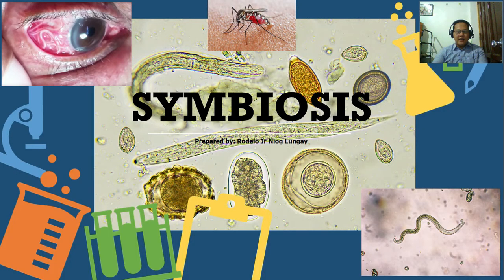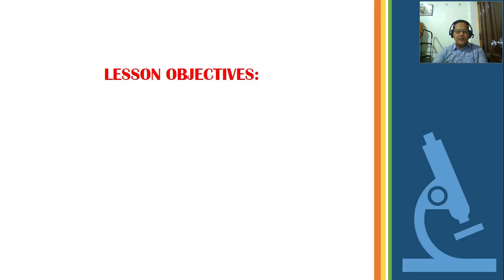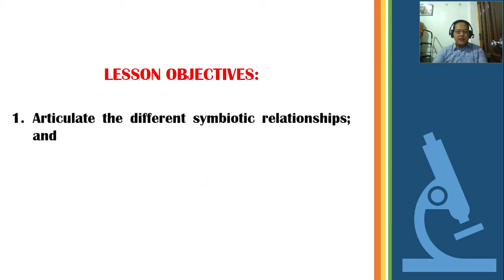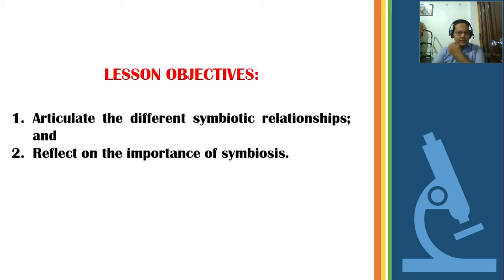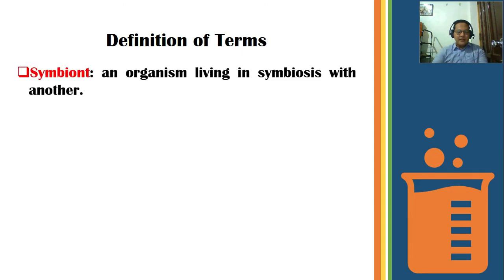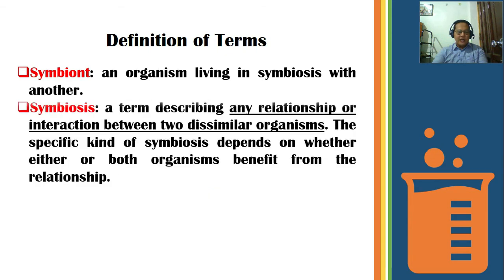So first, let's have our lesson objectives for this topic. First is to articulate the different symbiotic relationships and to reflect on the importance of symbiosis. So let's first define some terms. Symbiont is an organism living in symbiosis with another organism, while symbiosis is a term describing any relationship or interaction between two dissimilar organisms.